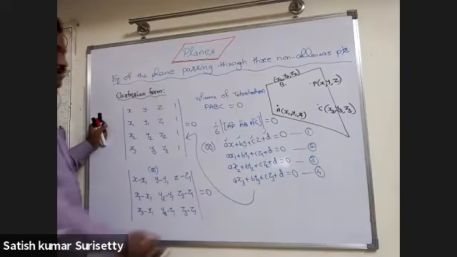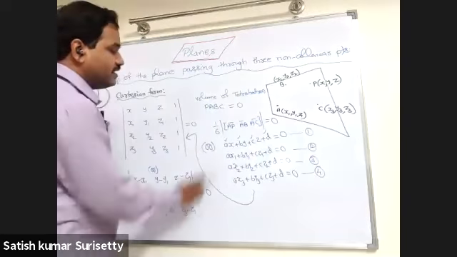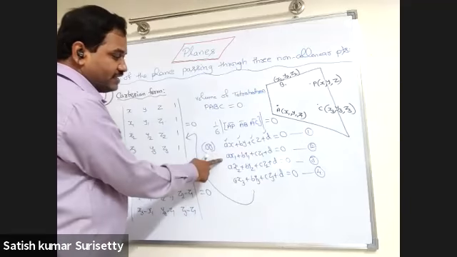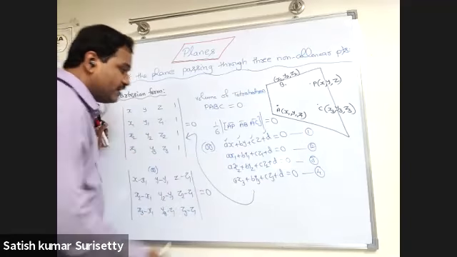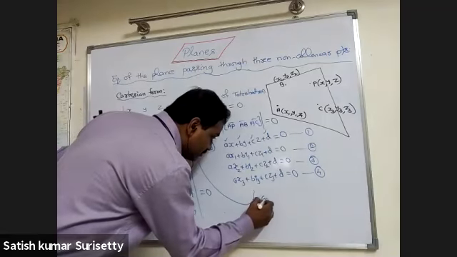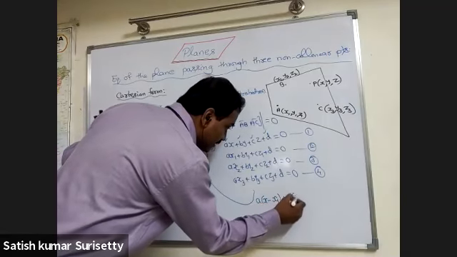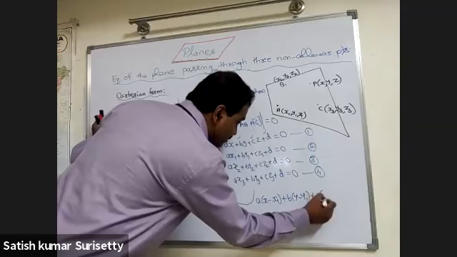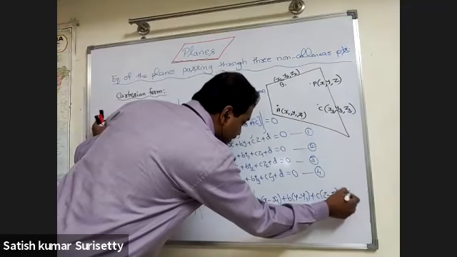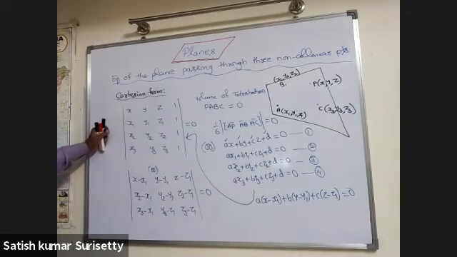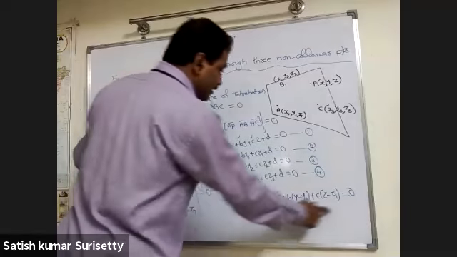Or if I subtract the equations correspondingly 1 and 2, then I'll get the equation of the plane passing through a point, that is a into x minus x1 plus b into y minus y1 plus c into z minus z1 equal to 0. So this is the equation of the plane passing through a point.